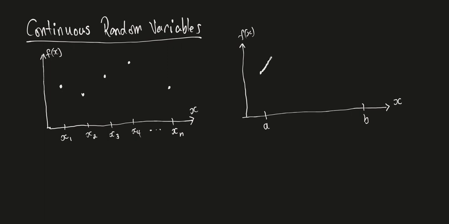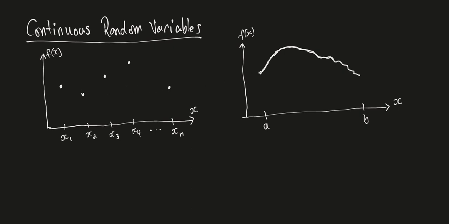And notice I'm not lifting my pen off, but what I'm doing now is essentially tracing out a curve. The height of that curve corresponds to these kinds of probabilities. What we end up with is a nice continuous function instead of a bunch of isolated dots.